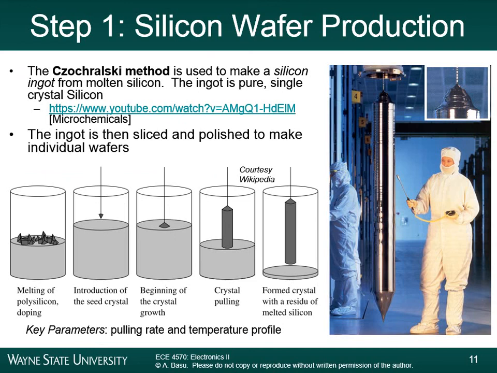Now this is something I'm not quite sure about, but I imagine that if you introduce the seed crystal at a different angle, then the orientation of the ingot would also be at a different orientation. I will say that 1-1-1 wafers and 1-1-0 wafers are much less common. Almost all semiconductors are manufactured with 1-0-0 wafers.